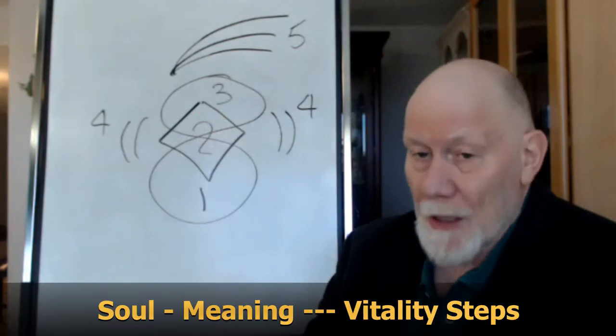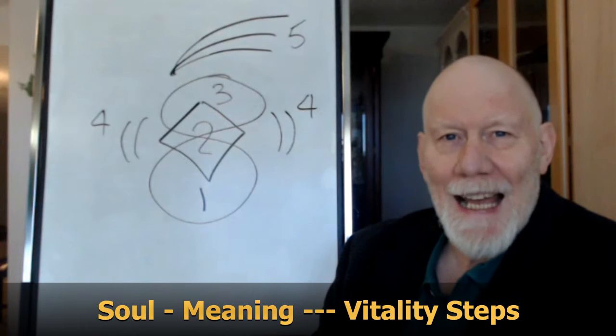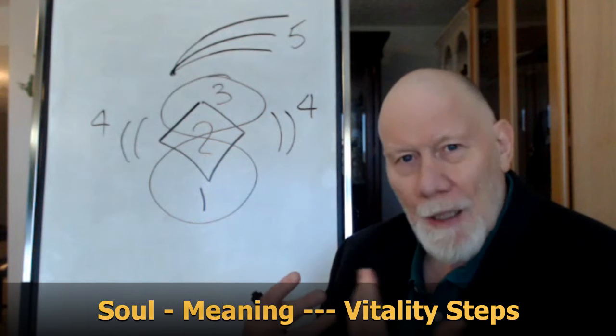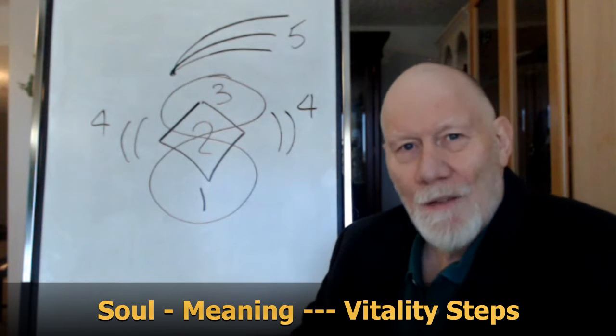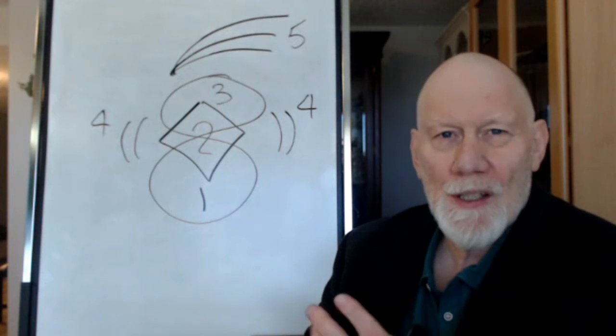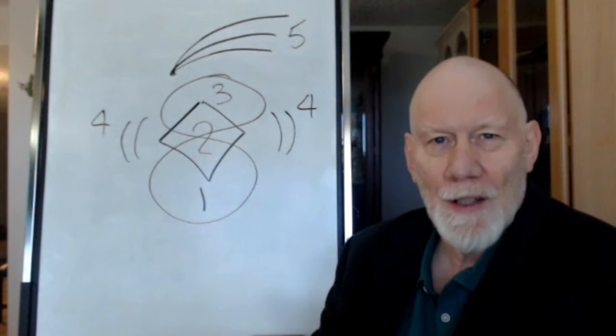The next one, number 3, is what I call the vitality steps. This is where the soul is being brought to the foreground. It's the vitality that you have, this notion of resilience and reciprocity and relevance.